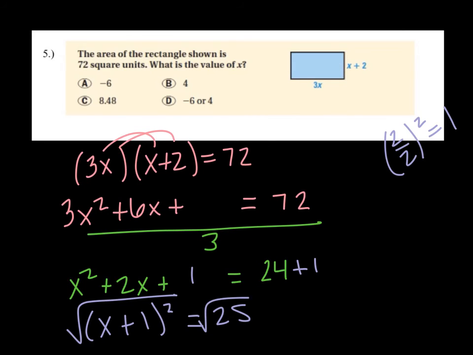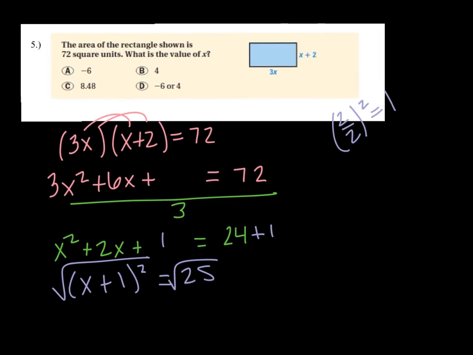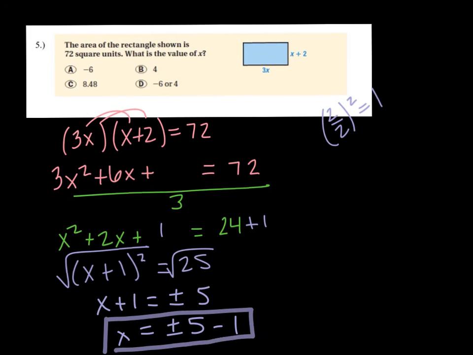So square root, we get x plus 1 equals plus or minus the square root of 25. You could break it down, but it's just simply 5. And then subtract that negative 1 over. So x equals positive or negative 5 minus 1. Or negative 1 plus or minus 5. However you guys want to look at it.